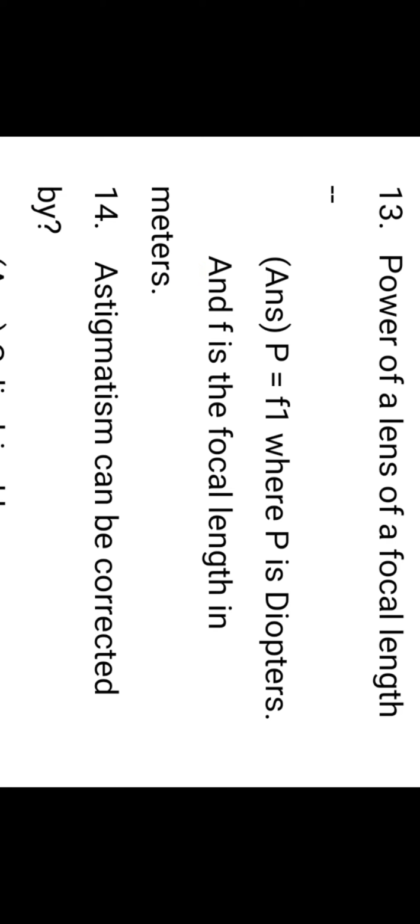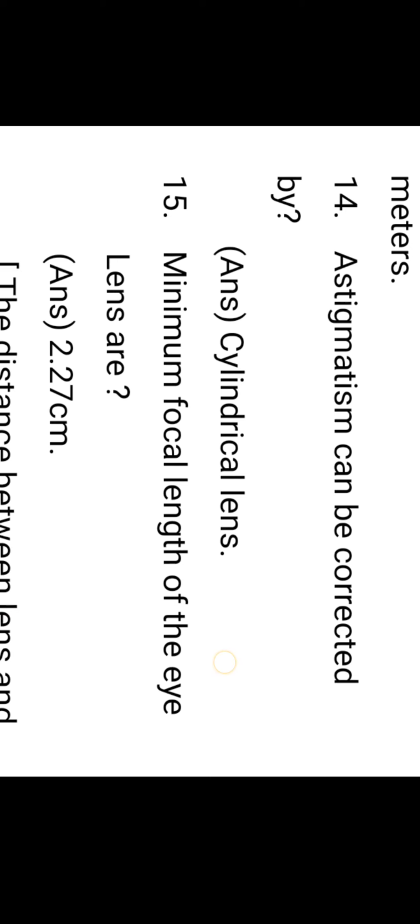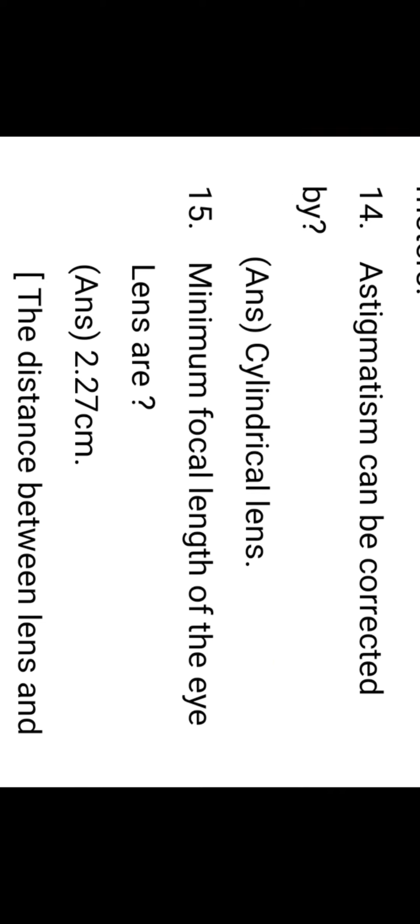The next question: power of a lens of focal length f is P = 1/f, where P is in diopters and f is the focal length in meters. The next question: astigmatism can be corrected by a cylindrical lens.